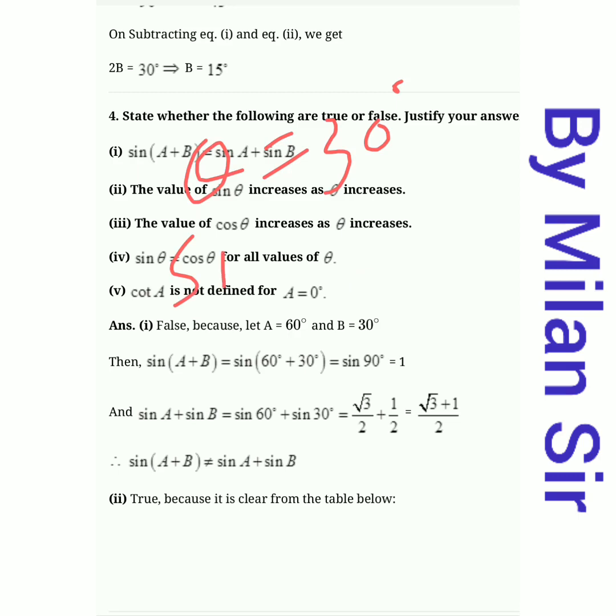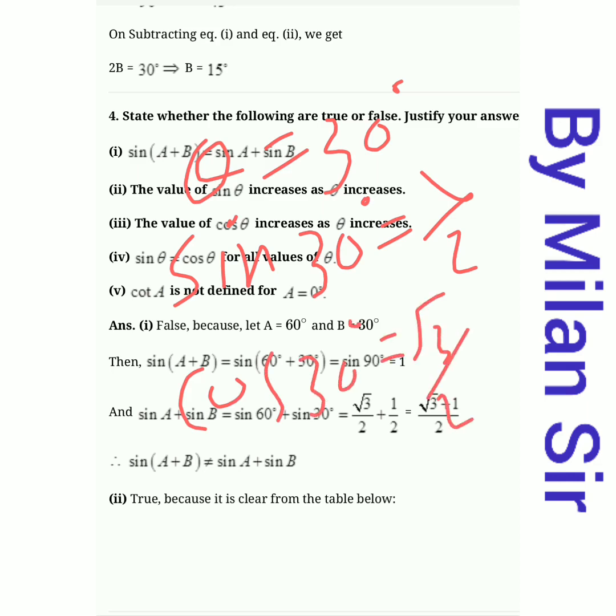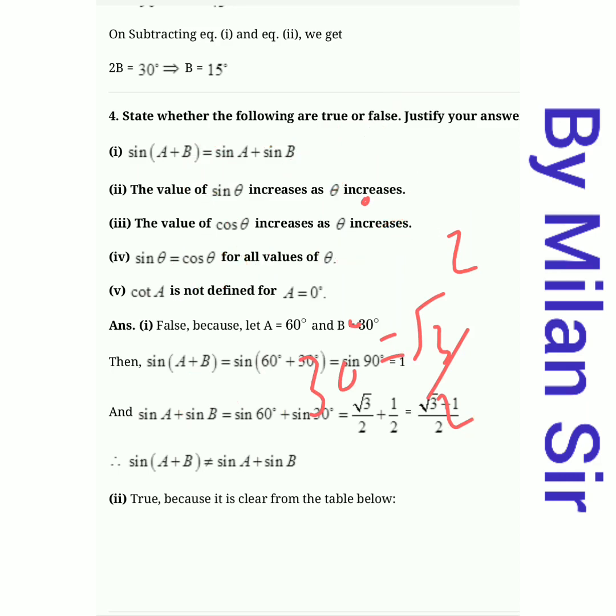Sin 30 is 1 by 2, and cos 30 is root 3 by 2. These two are not the same. So this statement is false, because it says for all values. It is not true for all values. That's why false.